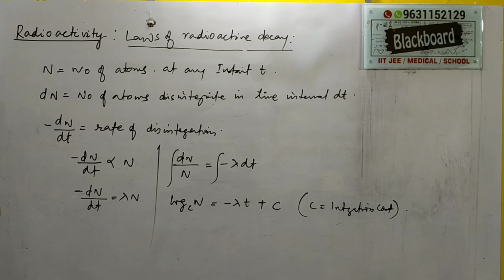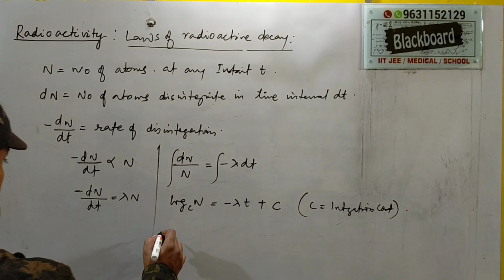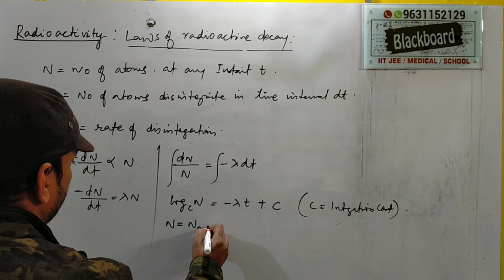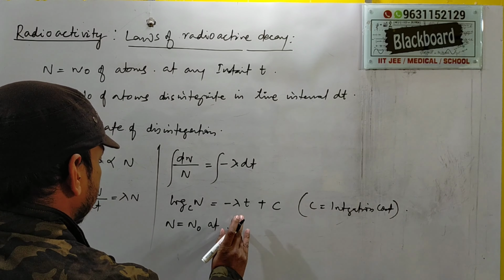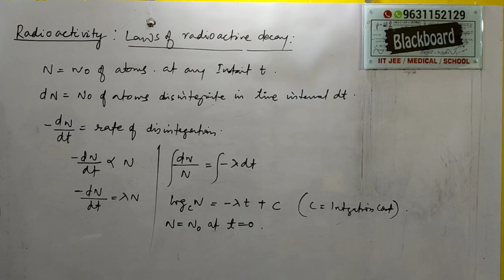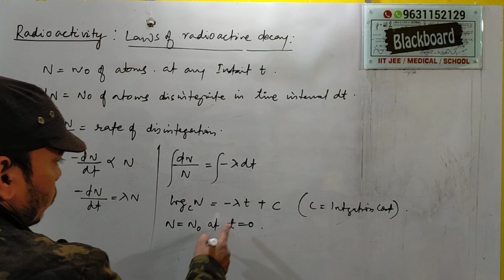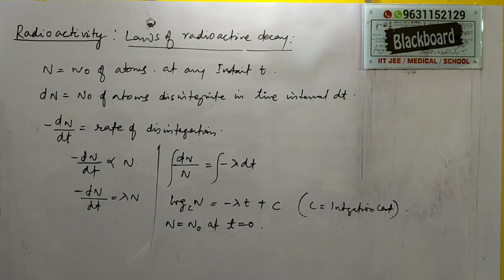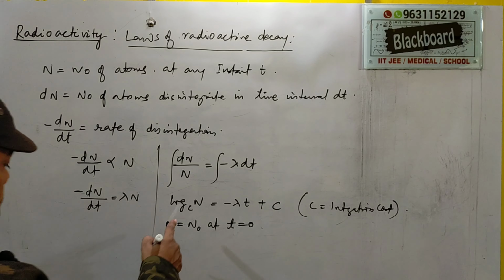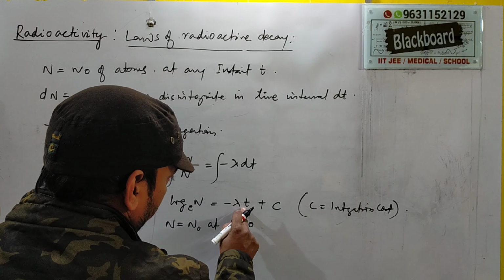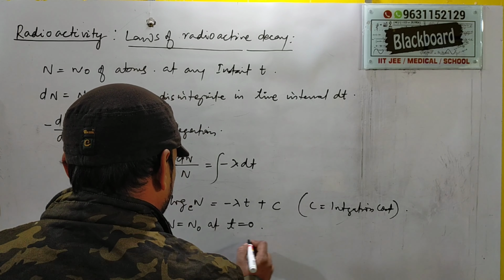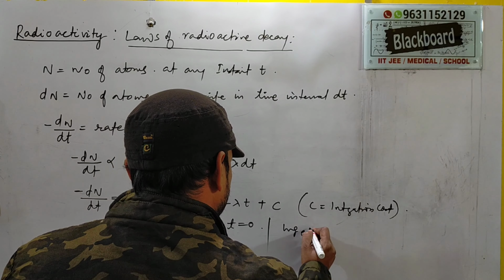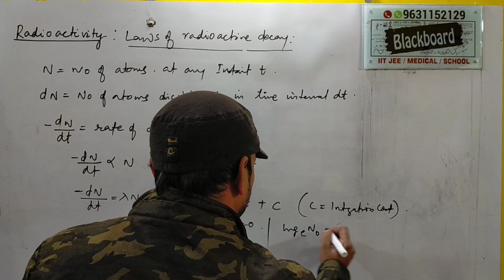Suppose N naught atoms in the beginning. तो हम यहाँ लिख सकते हैं N equals N naught at t equals 0, दैट मीन्स इनिशियली शुरू में. तो t=0 पुट करेंगे तो ये खत्म हो गया, तो आपके पास रिजल्ट आया log e N naught is equal to c.